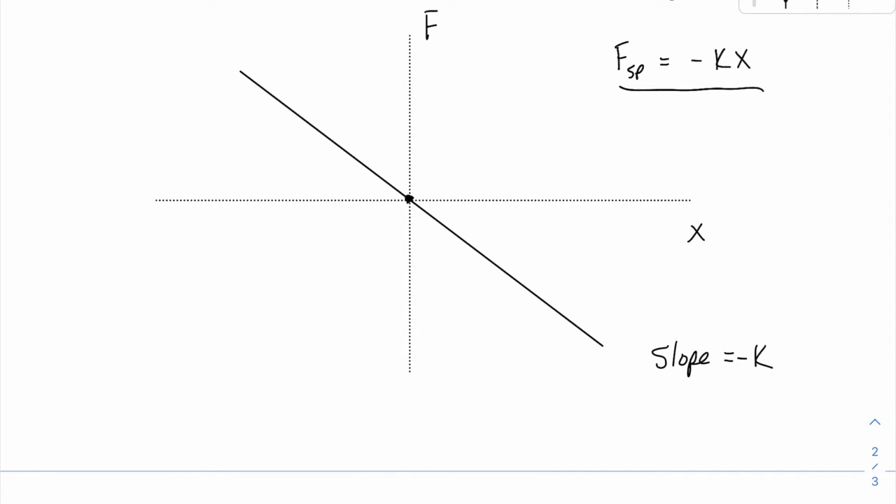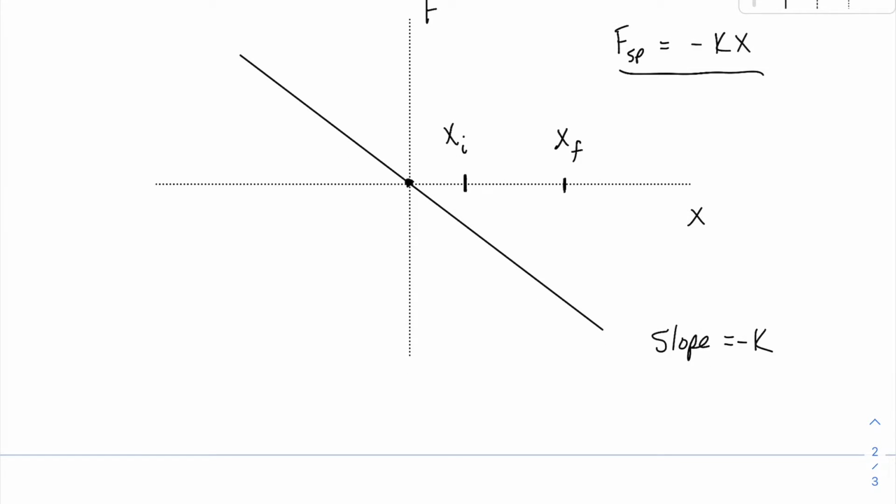And we're going to pick arbitrary starting and ending points. So let's say we want to find the work done as we go from some position x initial to some position x final. So we need to figure out the area under the curve from that position x initial to x final, and that area is going to be this one here.